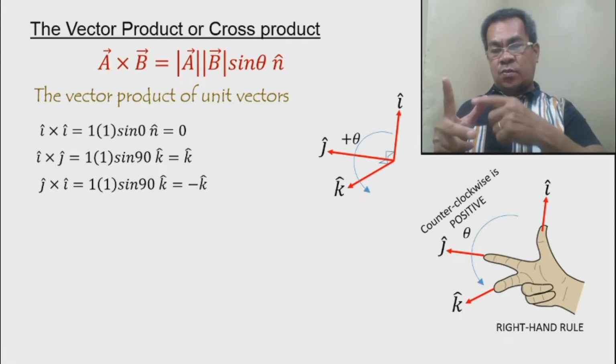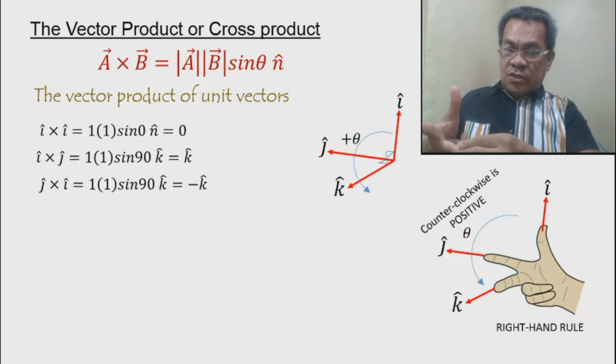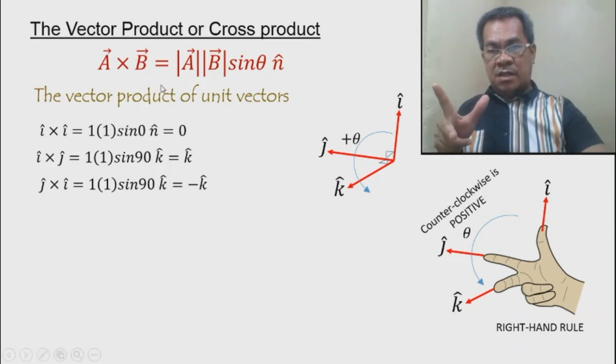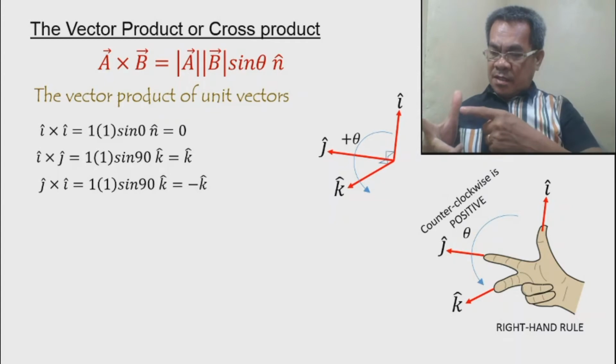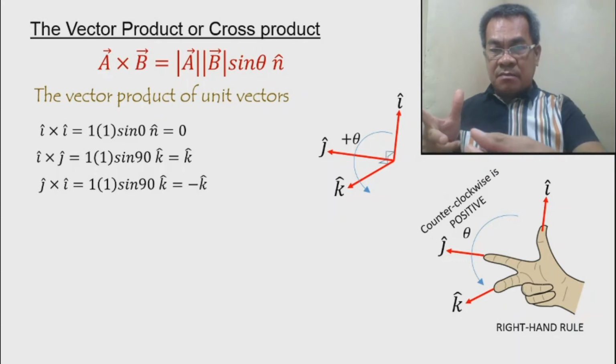So this swipe area will rotate in the direction of positive K hat. So it should be positive K hat. Okay? Did you understand? Again, I cross J. So this will rotate in this direction, and while rotating, it will move towards the positive K.